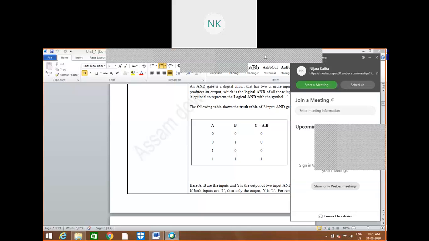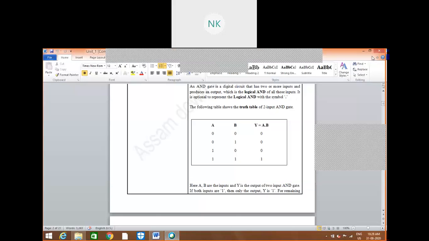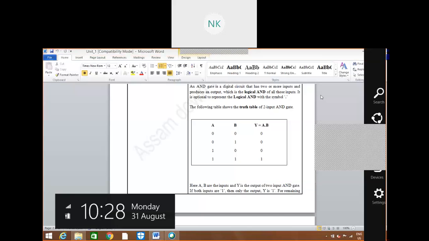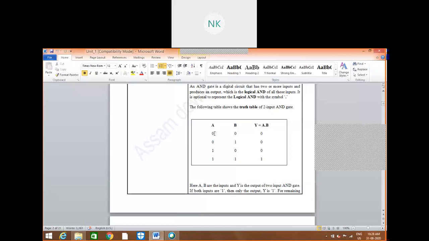So in the AND gate, we have 4 combinations. First is 0 0, then 0 1, then 1 0, and 1 1. These are the binary inputs. The sequence should be like this only. You have to memorize it, or keep in your mind that the input sequence should be like this only.